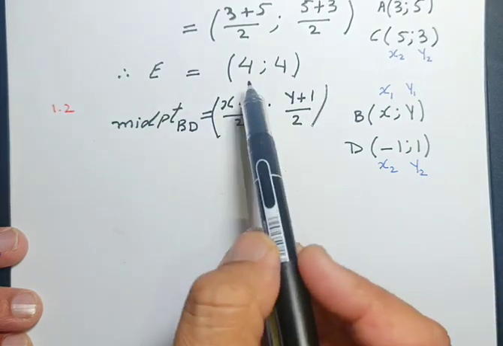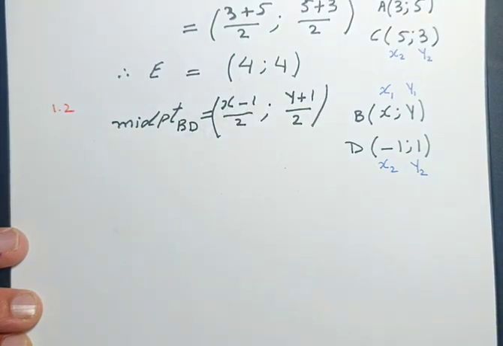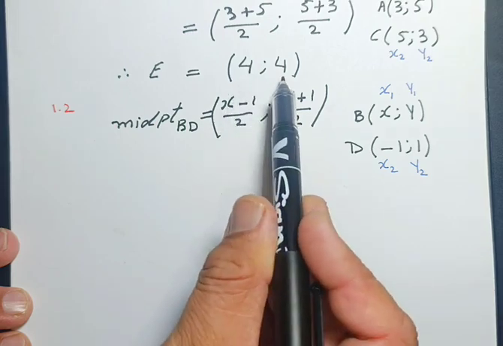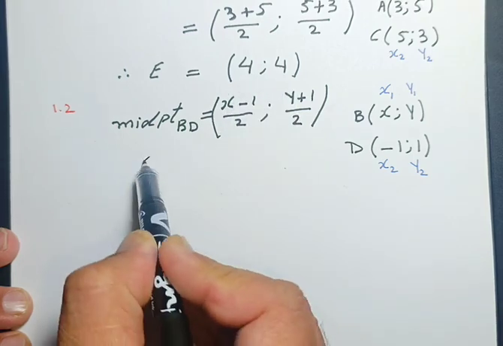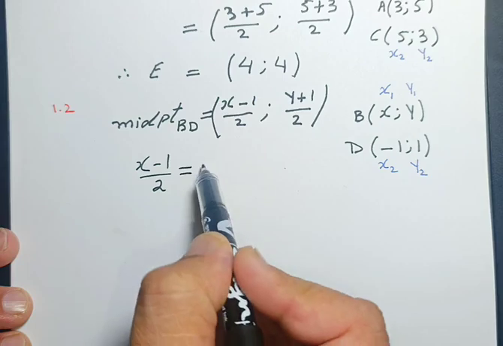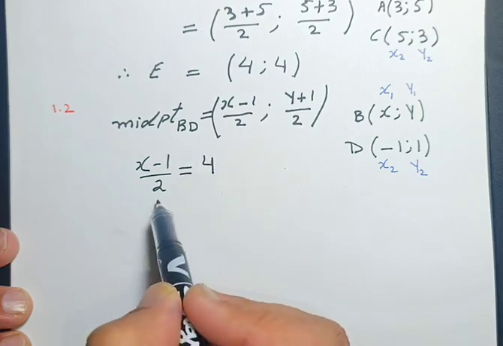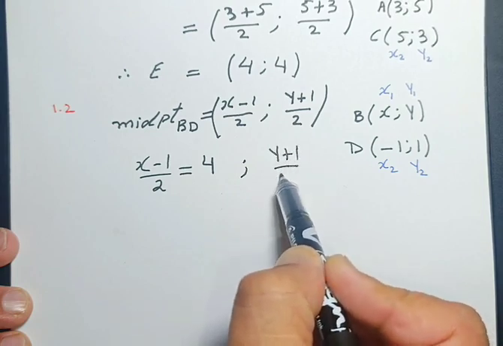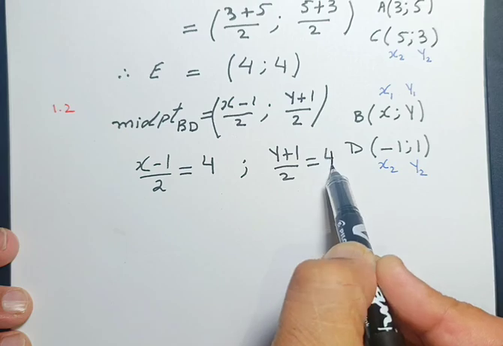Now I'm going to equate with E, because E is also the midpoint of BD. X goes with x, y goes with y. So x minus 1 over 2 equals 4, and y plus 1 over 2 also equals 4.